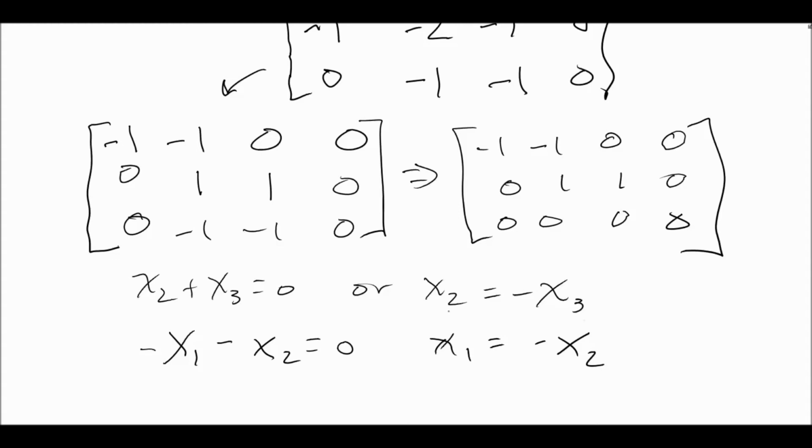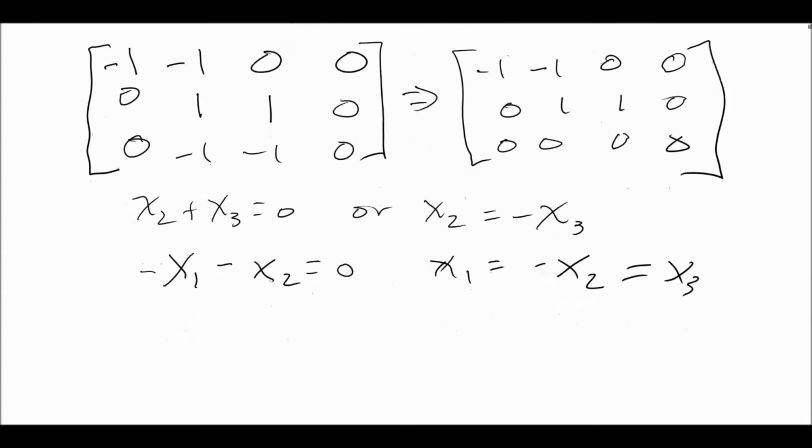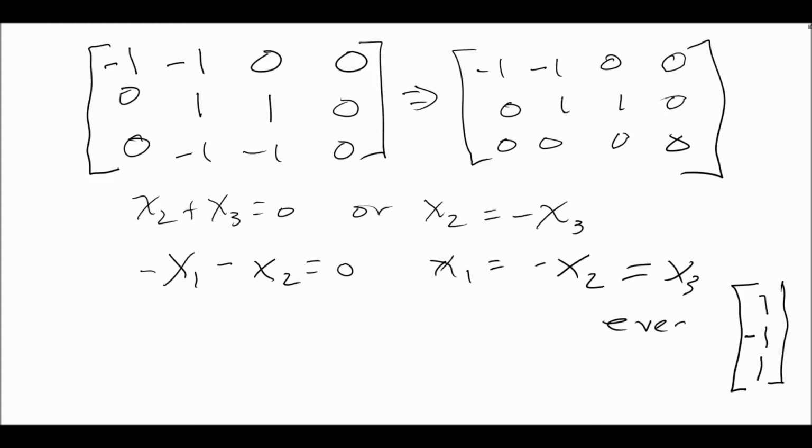But we know that x2 is equal to minus x3, so x1 is equal to x3. That tells us that if we choose x3 to be arbitrarily set as 1, then x2 is minus 1, and x1 is 1.